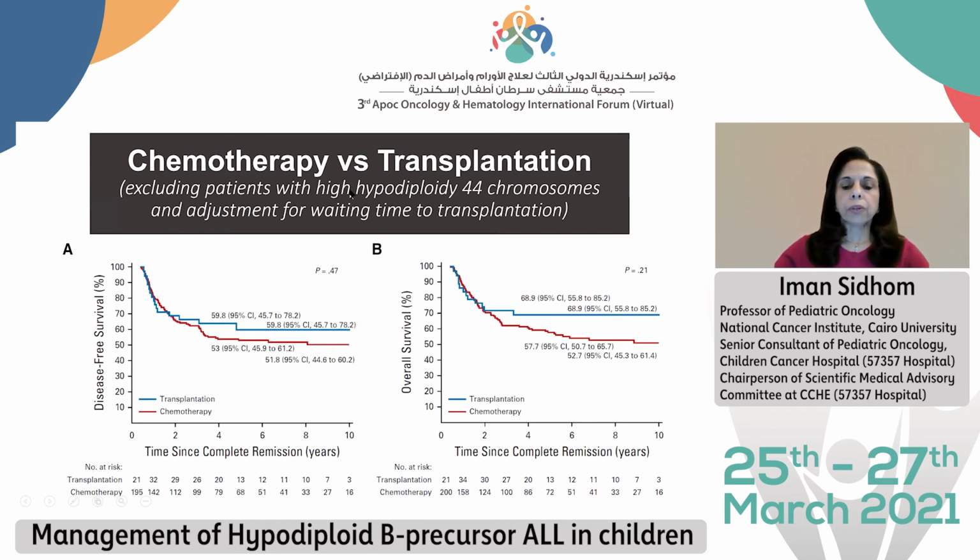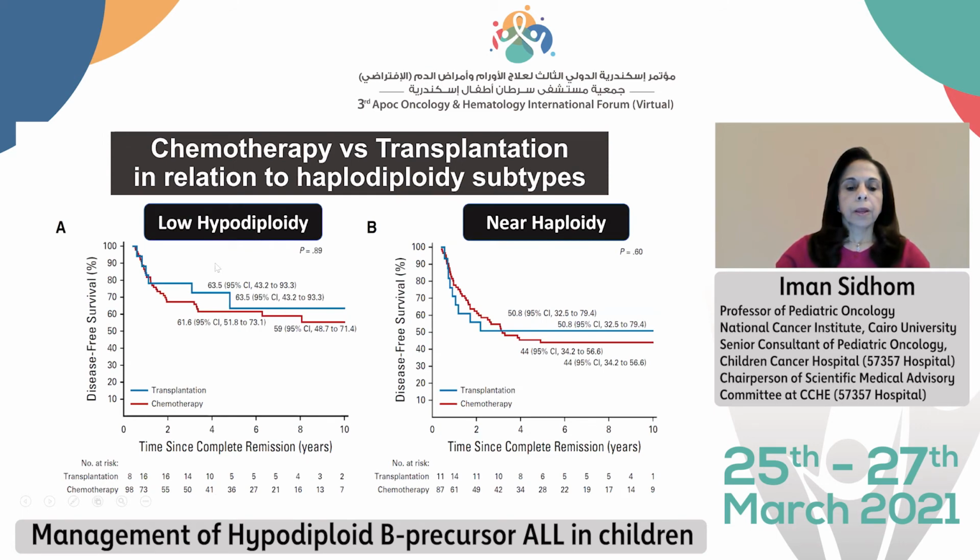Comparing survival of patients who received chemotherapy only versus transplantation after excluding high hypodiploidy with 44 chromosomes, the disease-free survival and overall survival did not show statistically significant differences. Similarly, the disease-free survival did not show statistically significant differences between the chemotherapy and the transplantation among the hypodiploid subtypes.